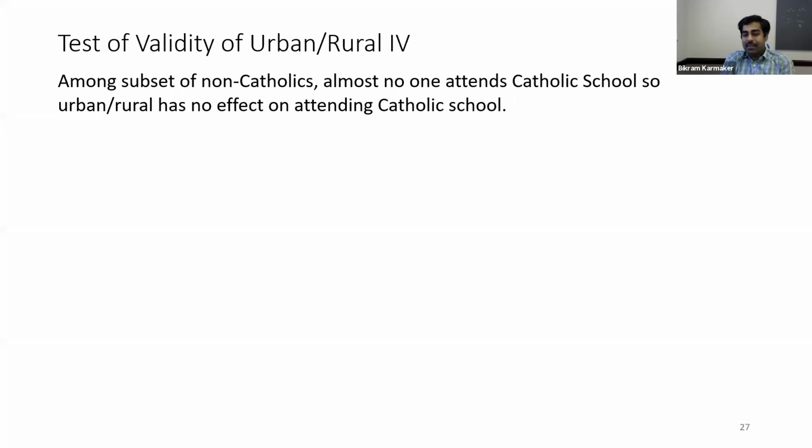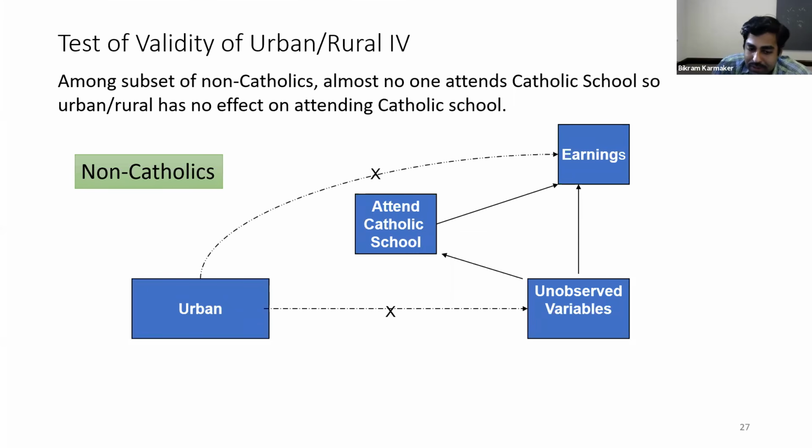So how do you test the validity of the urban rural IV? If you look at the non-Catholics, among the non-Catholics, almost no one attends Catholic school. So you have a picture which is slightly different. You don't have an arrow here. No one is being encouraged among non-Catholics to go to Catholic school.